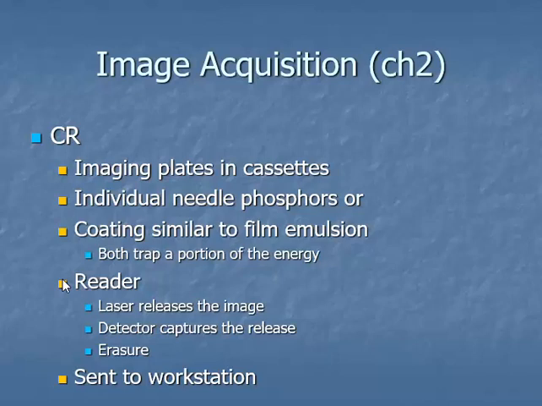They trap a portion of the energy that's converted from X-rays in the signal, and the more energy they trap, the more of a response they'll give in the reading process, which we'll talk about here in a bit. So it's very similar to a film emulsion. It's a lot of different layers. If one individual phosphor doesn't work, you might have a little bit of a loss of density in a specific area, but it's not going to be as noticeable as with needle phosphors.